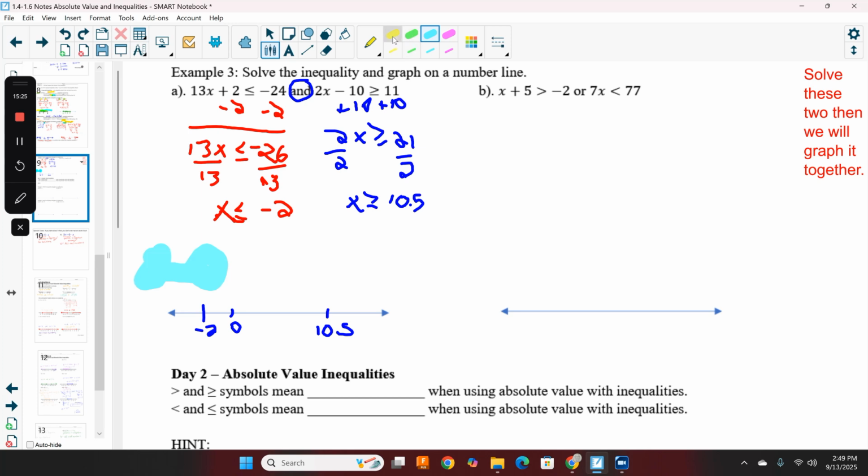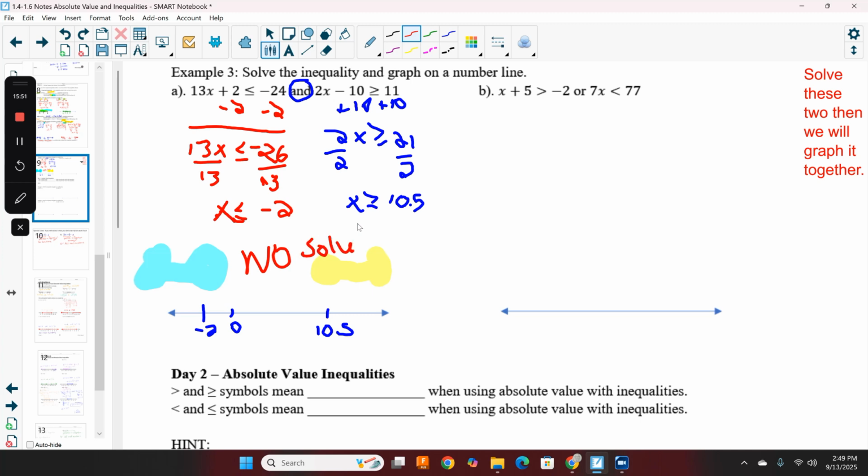Okay, in the other color, that's a closed circle going to the right, all numbers bigger than that. And this time, I have no section in the middle where blue overlaps yellow to get green. So this one is no solution.